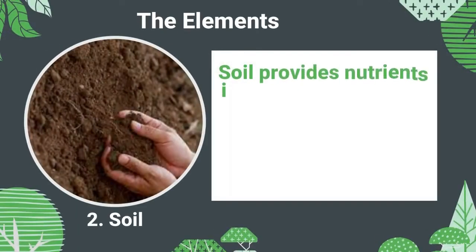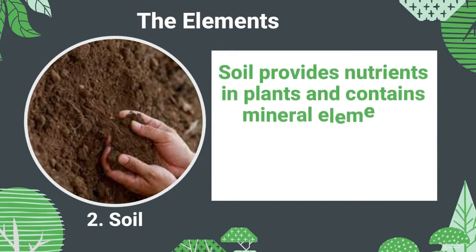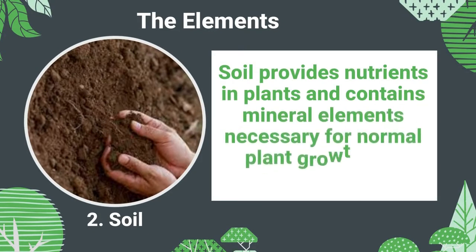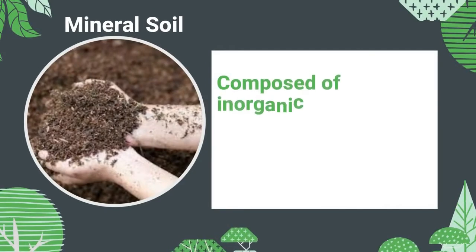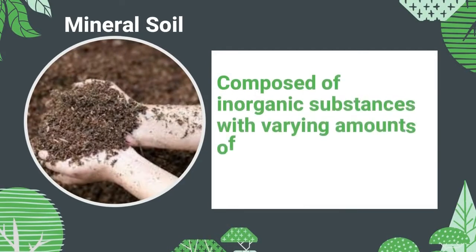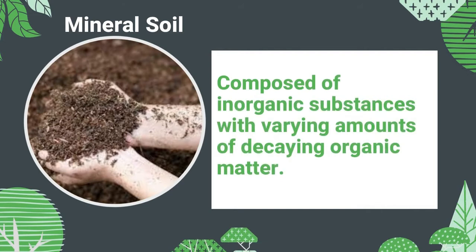The next element is the soil. The soil provides nutrients to plants and contains mineral elements necessary for normal plant growth and development. A mineral soil, on the other hand, is composed of inorganic substances with varying amounts of decaying organic matter.